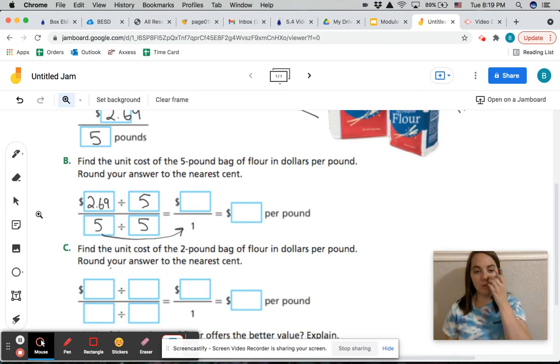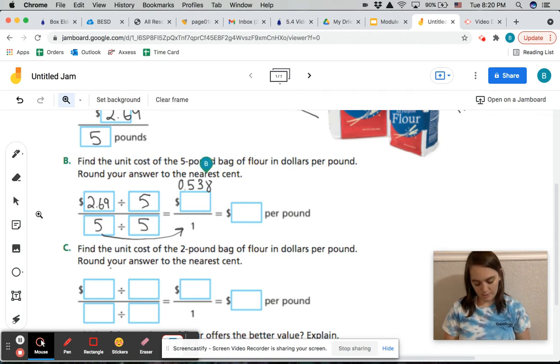So now we have $2.69 divided by 5. And that equals... I'm going to write it above really quick. Oh, actually, no, there's space. We have space.